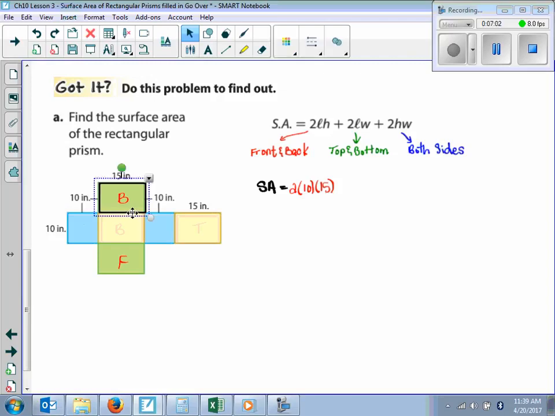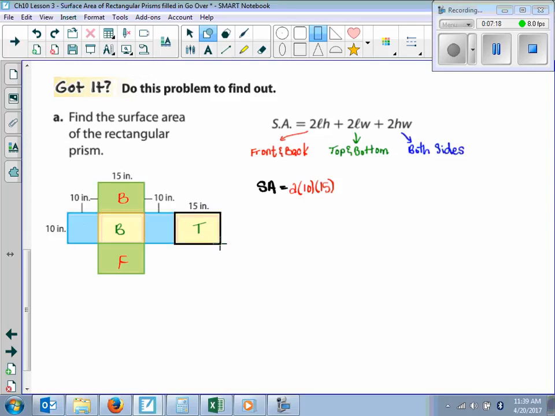Then we want to find the top and the bottom. So the top and the bottom are these two. Does everybody see that? Now, to find the area of this top and bottom, okay, there's the 15. What am I going to multiply 15 times? Times 10.